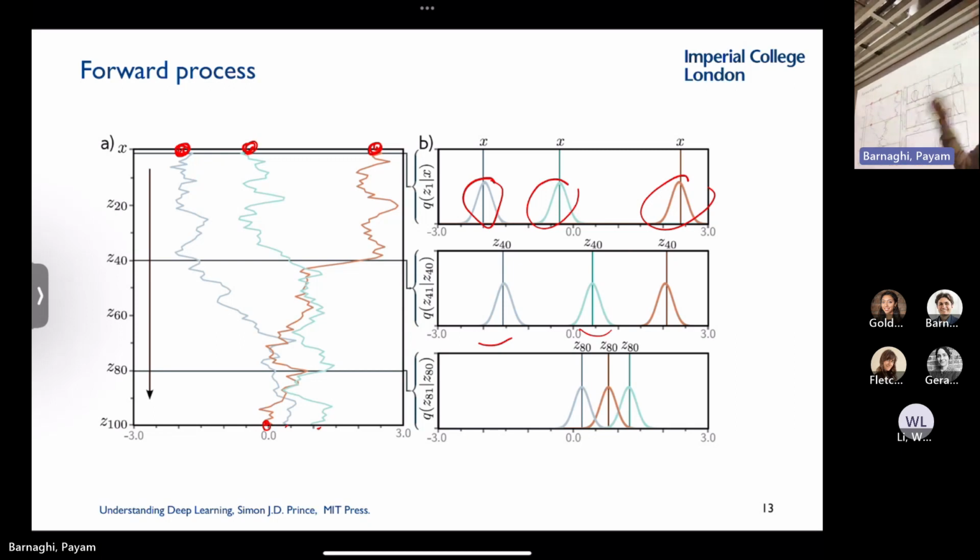You are trying to learn mu and sigma at each step. Imagine if you have thousands and millions of samples, for every single pixel, you're going to learn, at step 40, the distribution which represents this pixel. And in reality, you learn all of them together as a multivariate Gaussian.